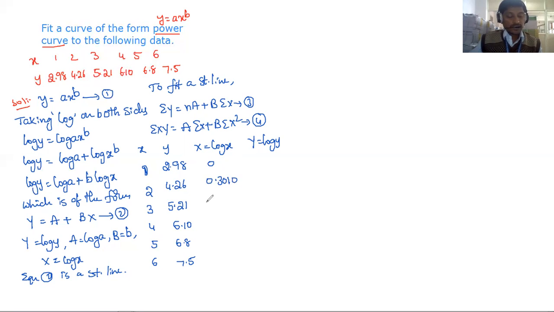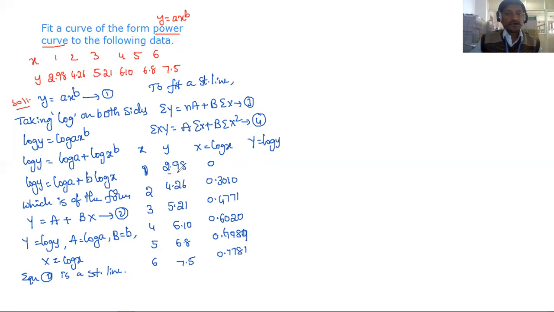And next log 2 is 0.3010, log 3 is 0.4771, log 4 is 0.6020, log 5 is 0.6989, and log 6 is 0.7781. And capital Y is equal to log y.